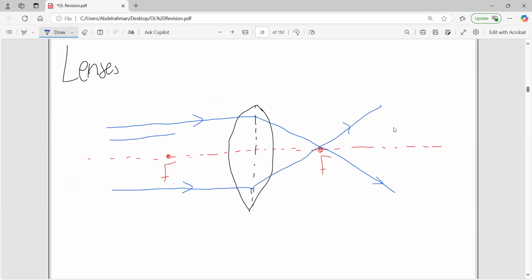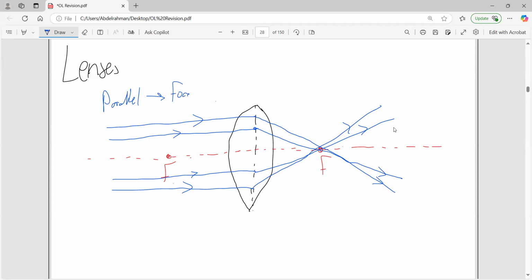Any light which was initially parallel bends and moves through the focal point. This is the first type of light: parallel rays. What do these parallel rays do? They bend and pass through the focal point, or the principal focus.